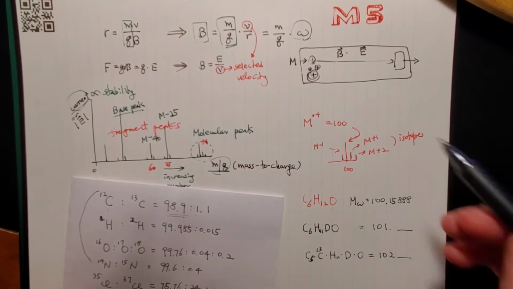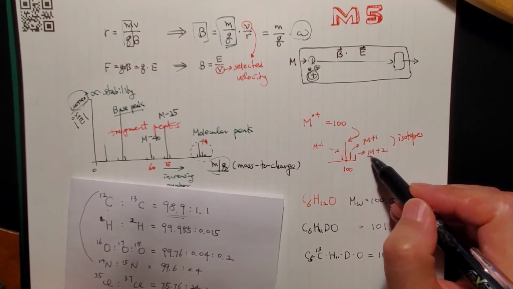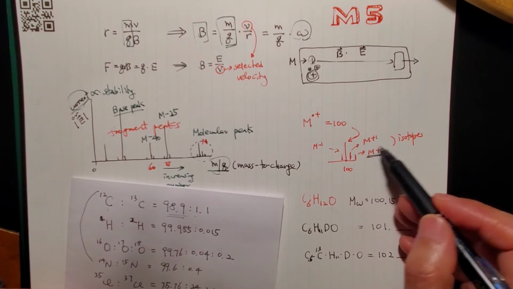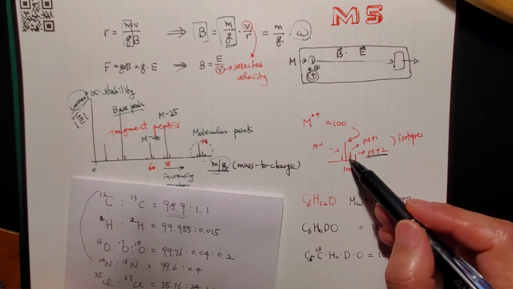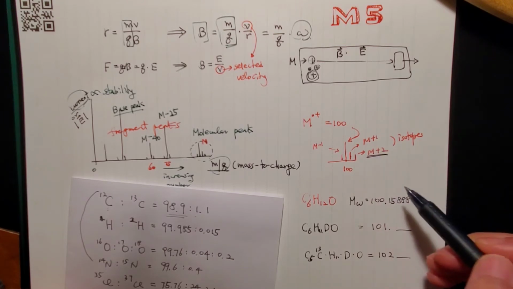And among them, there are unique atoms that give you extremely tall M+2 peaks. Normally the M+2 peak has to be smaller than M+1 because the probability of having two isotopes is lower than having one isotope in the molecule.